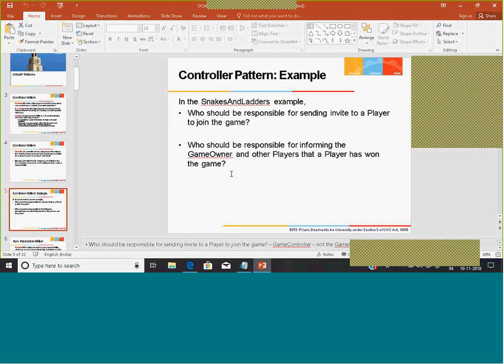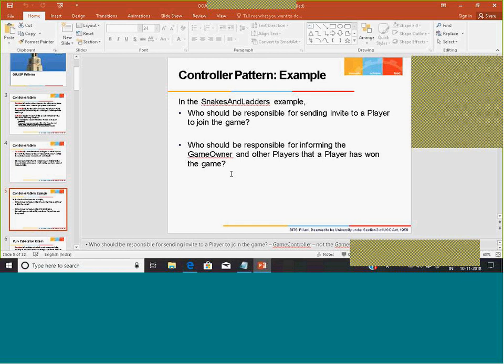Or who would be responsible for informing every one of the players that this particular player has won? These tasks are related at a higher level to the entire game system, so they are to be done by the game controller.